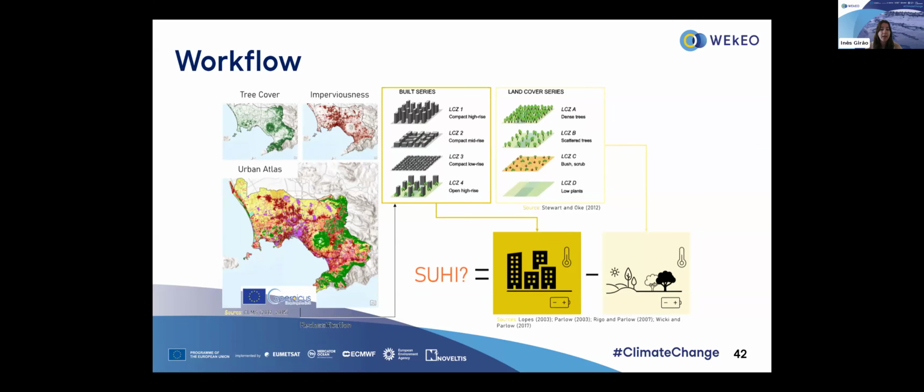So all of these inputs are reclassified using rule-based rules that allow us to infer where each classification goes. This is all done initially in ArcGIS toolbox.